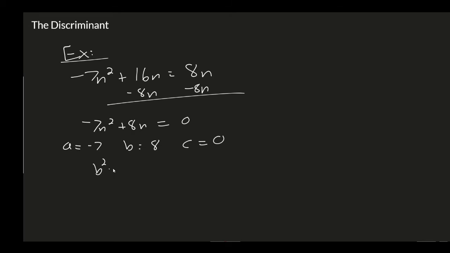Using our discriminant, b squared minus 4ac, we get 8 squared minus 4 times negative 7 times 0. This 0 cancels out our entire right expression, so it all equals 0, and we're just left with 64. 64 being a positive number indicates that we have, as a result, two unique real solutions.